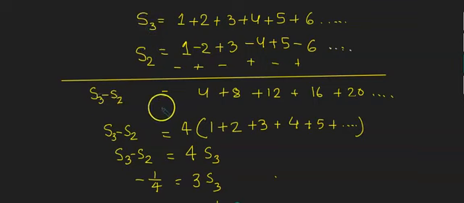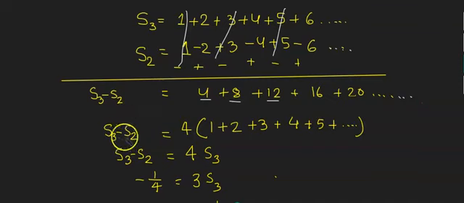So S3 minus S2 will be equal to 1 and minus 1 cancelled, 2 plus 2 is 4, 3 and minus 3 cancelled, 4 plus 4 is 8, 5 and minus 5 cancelled, 6 plus 6 is 12, and so on.